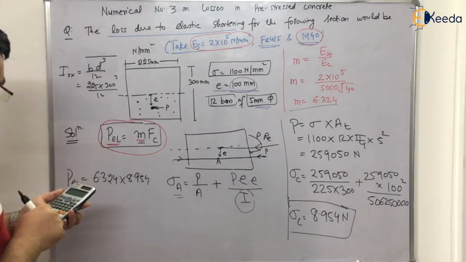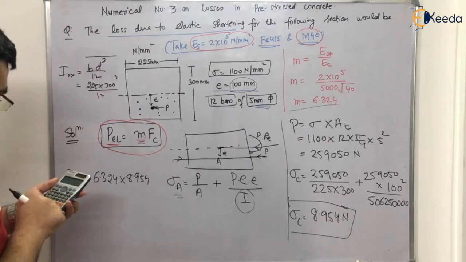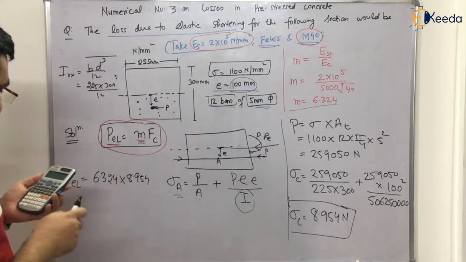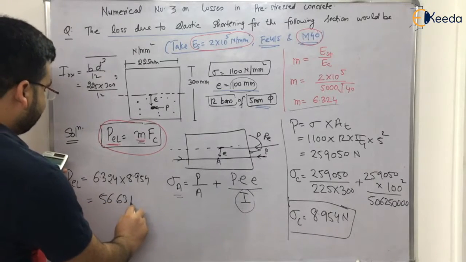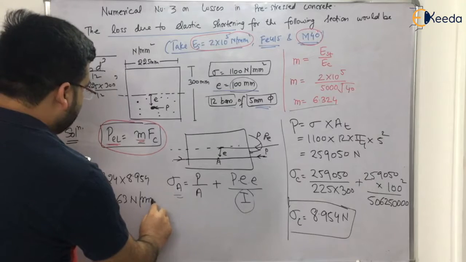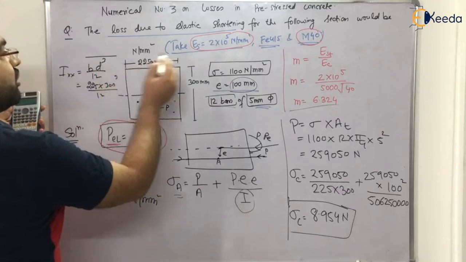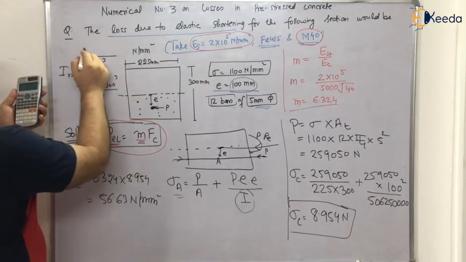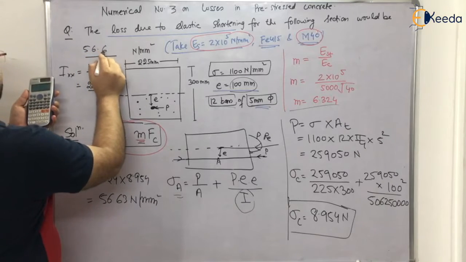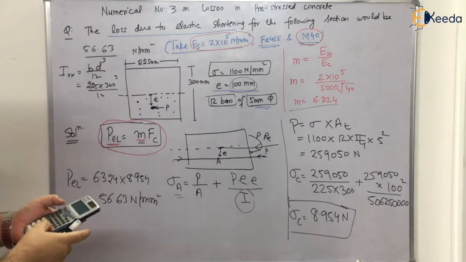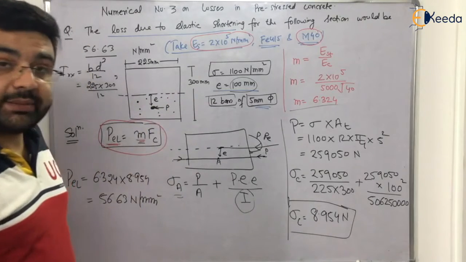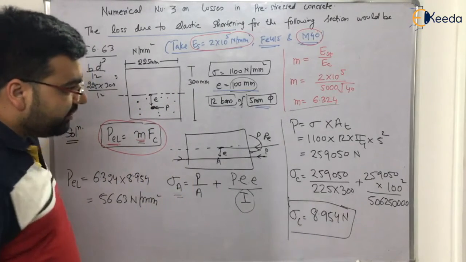The loss comes out to be 56.63 Newton per mm square. So the answer in Newton per mm square would be 56.63 due to elastic shortening, right? There can be some calculation mistakes, but this is the concept. But I think there is no calculation mistake.